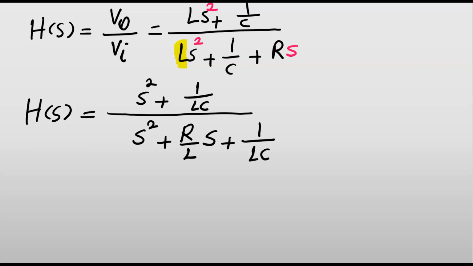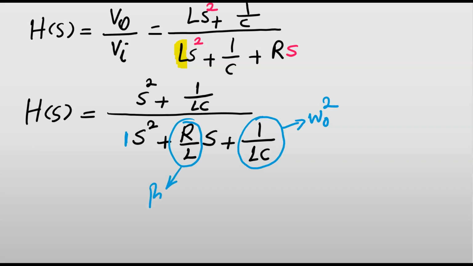Now, according to the standard form for band reject filters, I can say that this 1 over LC, which is my constant when my polynomial in denominator is in a standard form and the coefficient of s squared is equal to 1, can be considered as omega naught squared. And the coefficient of s will be my beta.